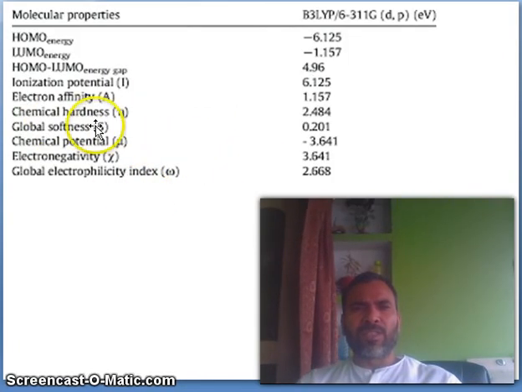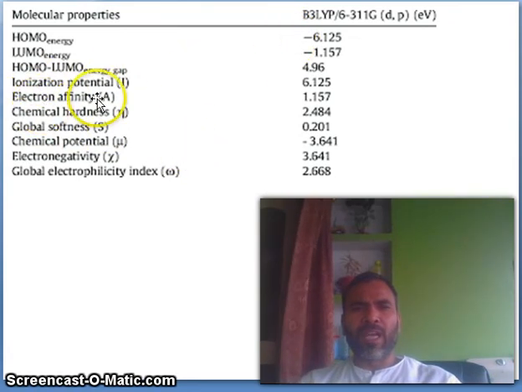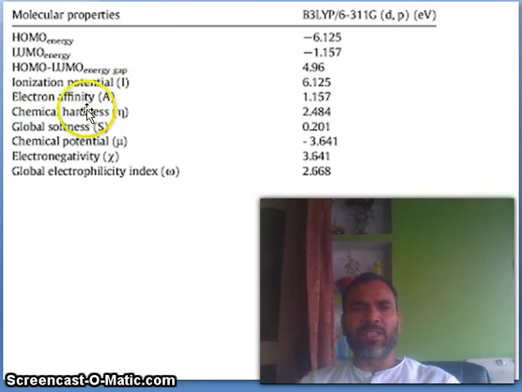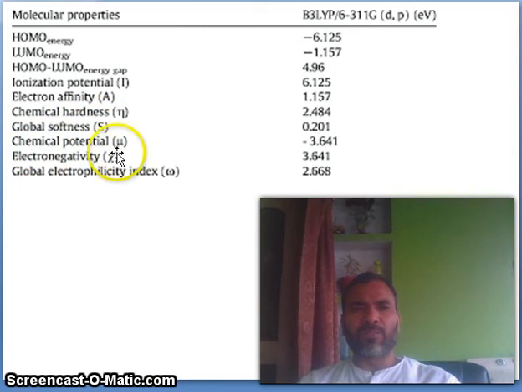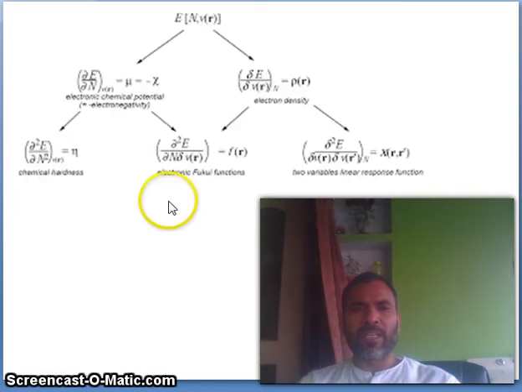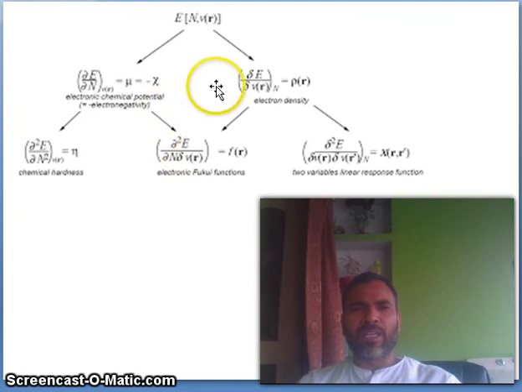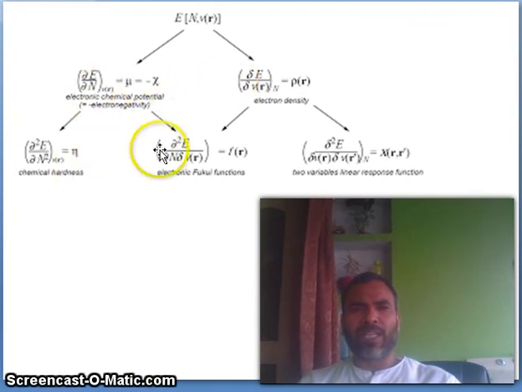So you will see how people write HOMO, LUMO energy, HOMO minus LUMO, ionization potential I, electron affinity A, chemical hardness eta, global softness S, sometimes sigma, chemical potential mu, electronegativity chi, global electrophilicity index omega. You can calculate with the help of the formula.